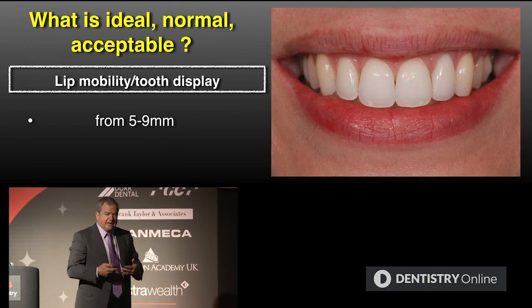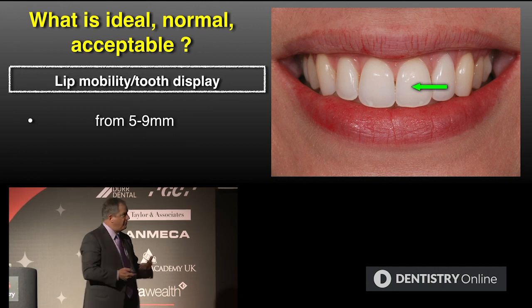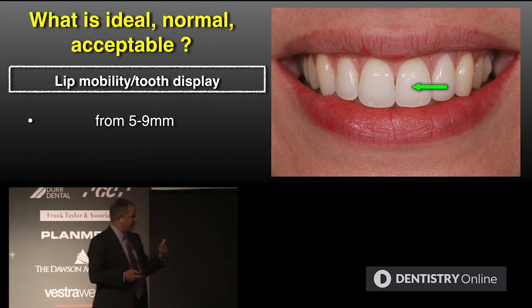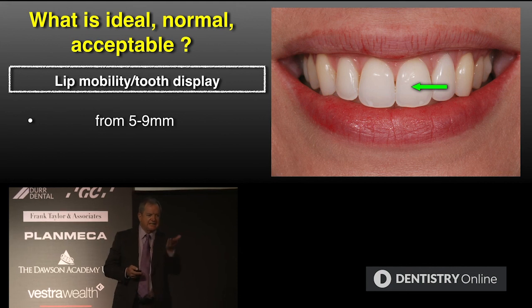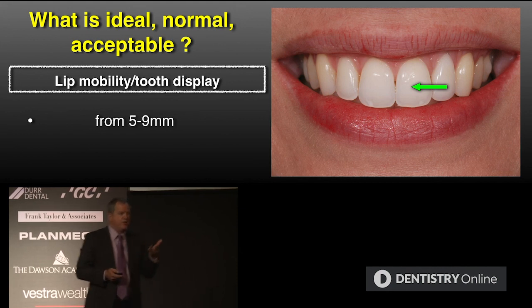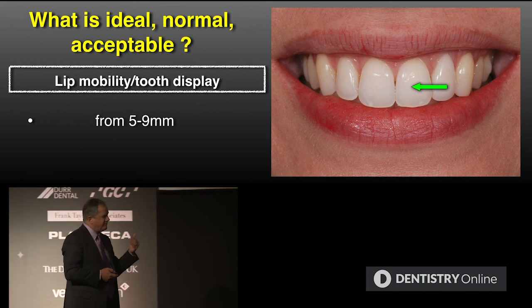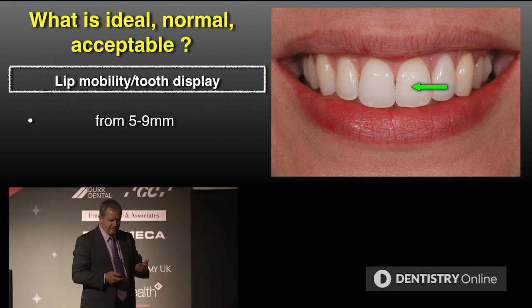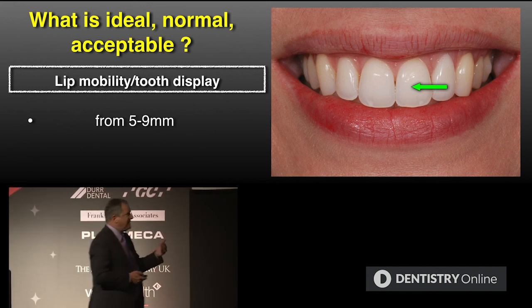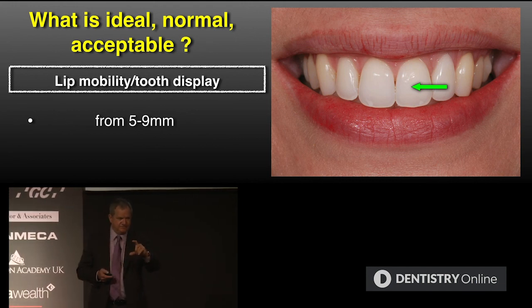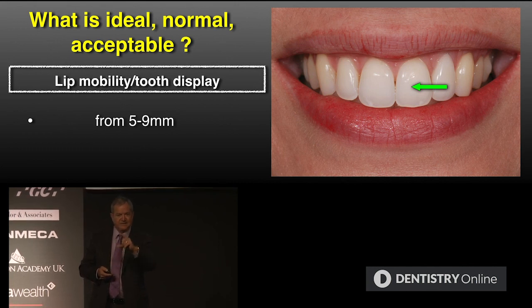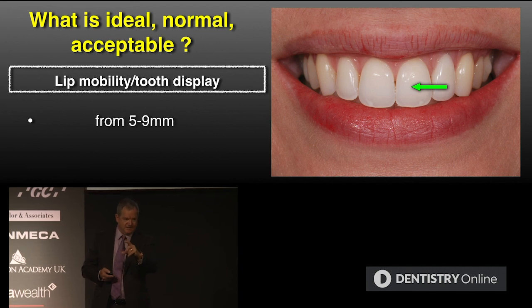Next thing I look at, lip mobility. How far does the lip move from where it was sitting at rest to its highest point? A normal lip will move somewhere between 5 to 9 millimeters. Now recognize that if you had an 11 millimeter central and you were showing 3 millimeters at rest of the central, that means there's 7 millimeters hiding.